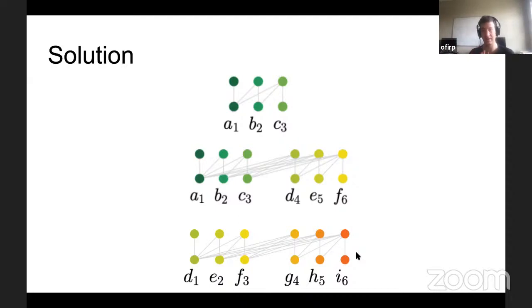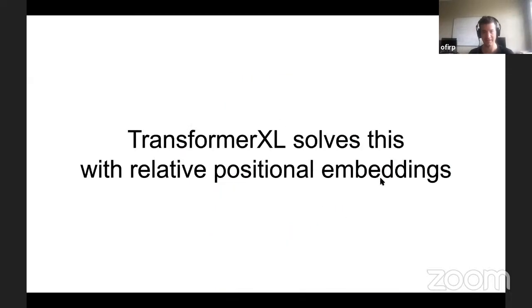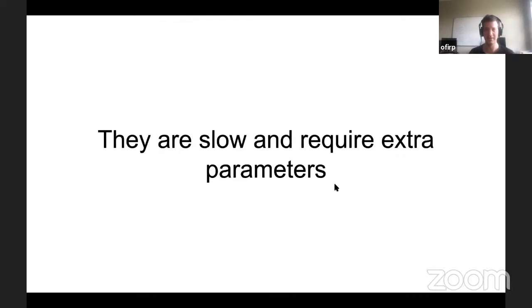And so this is definitely impossible in the normal transformer, but the community has already shown that you can do this with Transformer XL. So Transformer XL does exactly this, but they do this with something called relative positional embeddings, which are incredibly slow, and they require extra parameters and memory.